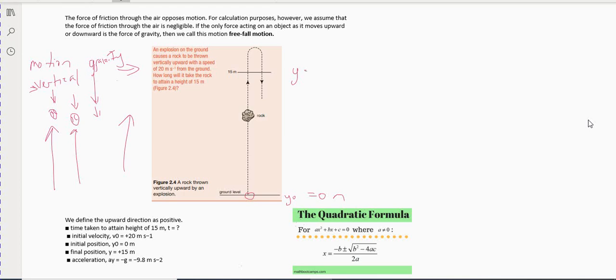So y is going to equal positive 15, by the way, positive 15 meters, right? Whenever we are moving upwards, we generally denote it as plus.